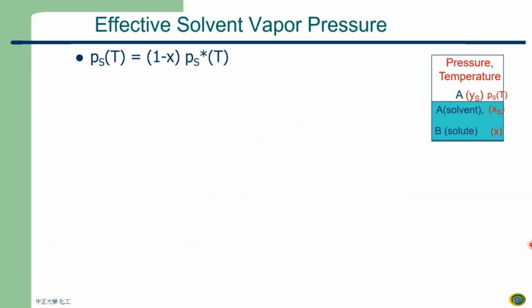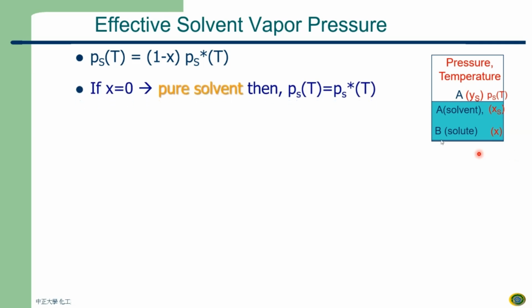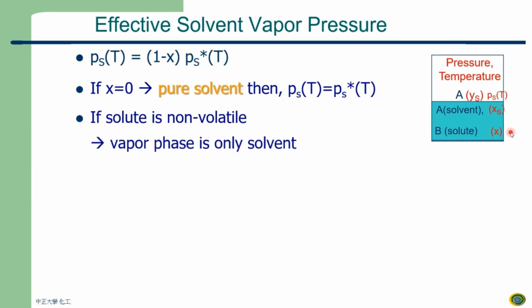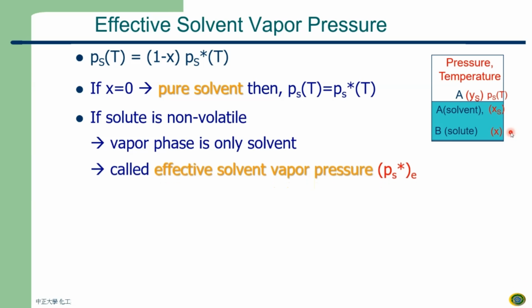Right. So in this case, we rewrite this equation. If X equals 0, this is pure solvent, right? We just mentioned this before. And if the solute is non-volatile, we call this the effective solvent vapor pressure. So we use PS star with a subscript E. E stands for effective.